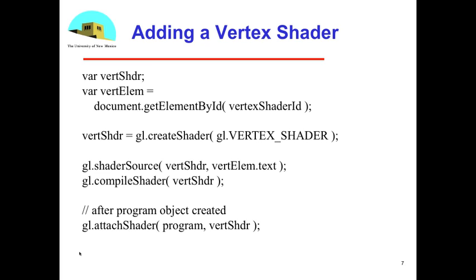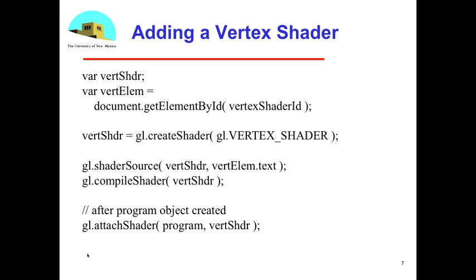Now, what's the difficulty of trying to read it in as just a string? Well, it's the difference in strings that is causing the problem, plus our desire to put the shaders into a separate file.